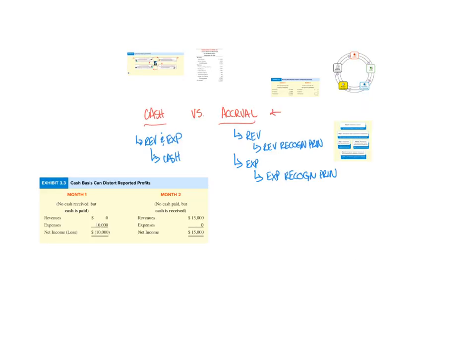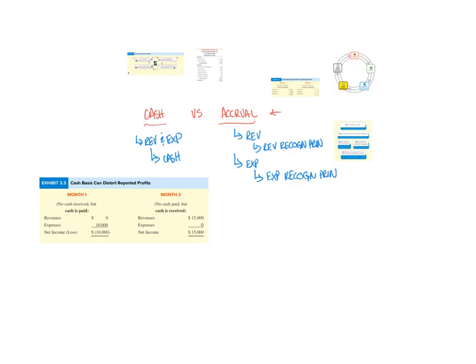Your book gives us an example of an app development company that also provides consulting services. They look at the situation where consulting services are provided in one month, but then are paid for in the following month, meaning that the company sold consulting services, but doesn't receive the money for providing those consulting services until the month after the consulting services are actually done. In this instance, if we first go on cash basis accounting, notice what happens.